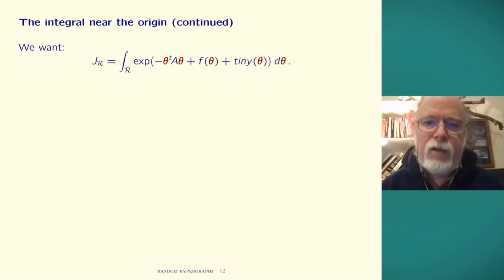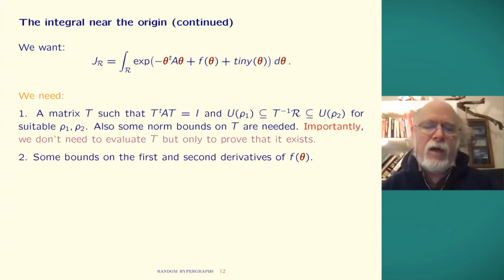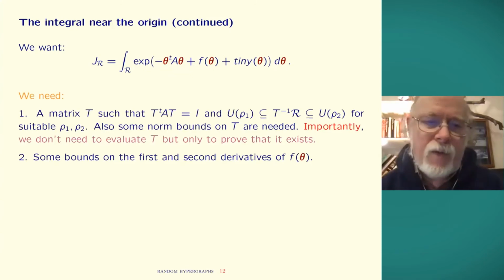Okay. So now we've got this thing here, we've got a small region R, and we want to evaluate this integral looking like that. And what does the general method require? Well, firstly, you need a matrix T that diagonalizes the quadratic form.